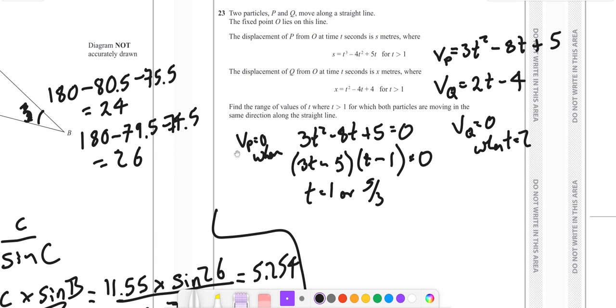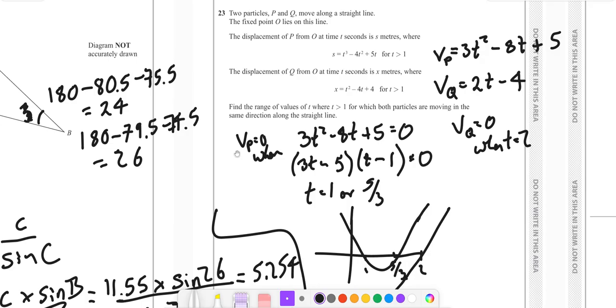So this is a positive. If we think about just sketching that, 1 and 5 over 3, so do something like that, and this one, when t is 2 and it's positive, so they are moving in the same direction.